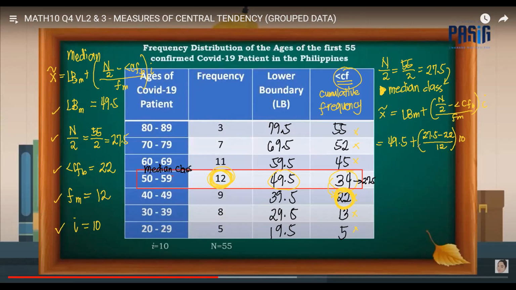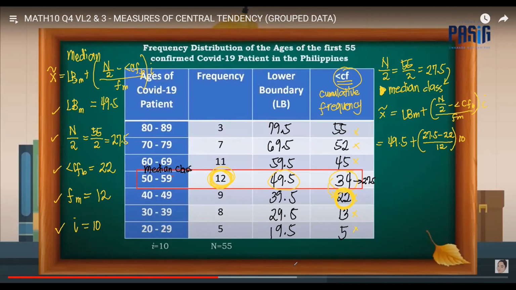So, please subtract first 22 from 27.5. What is the answer? What is 27.5 minus 22? 5.5, ma'am. 5.5, correct.